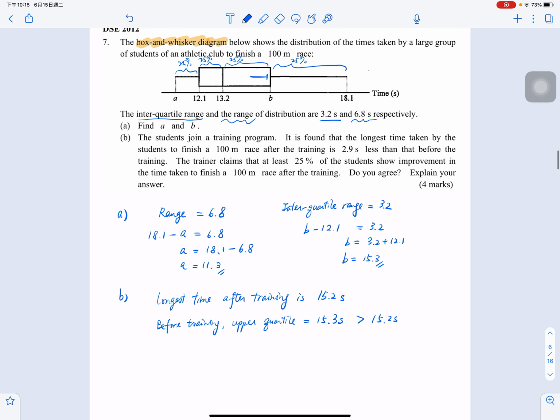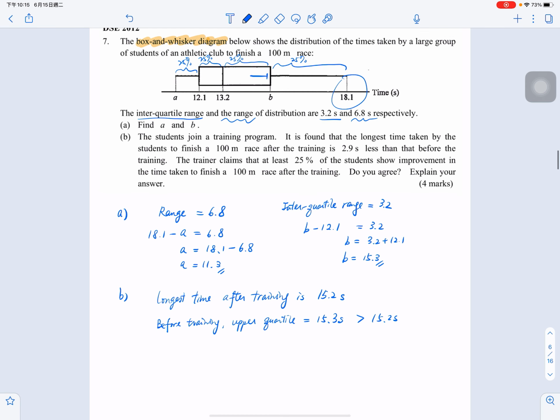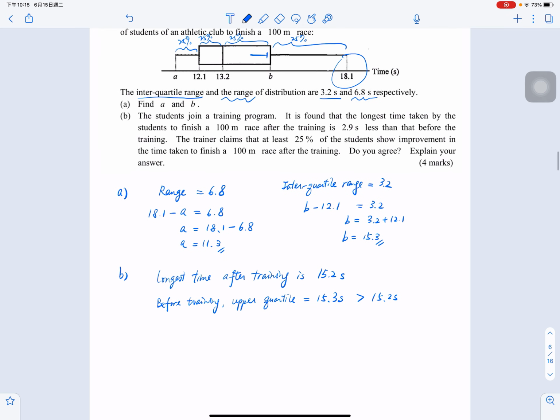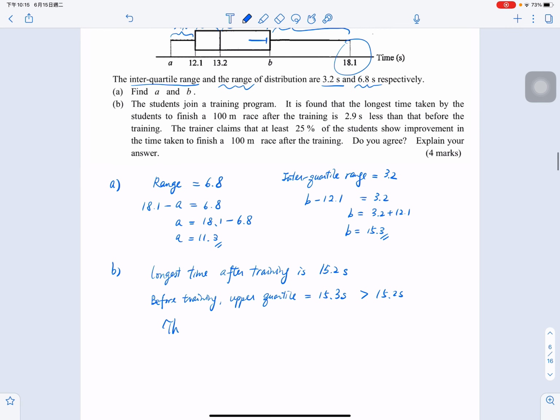So you found that if after training the time is 15.2, that means there are more than, or say at least, 25% of students showing improvement.